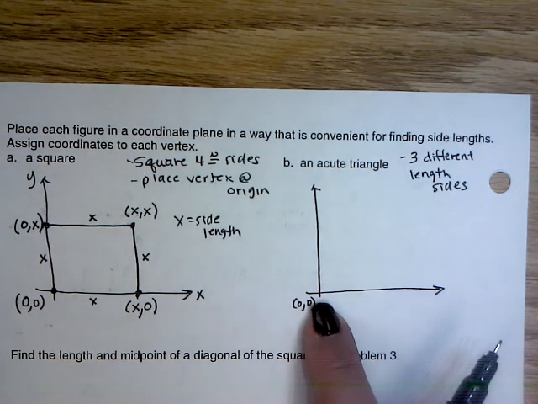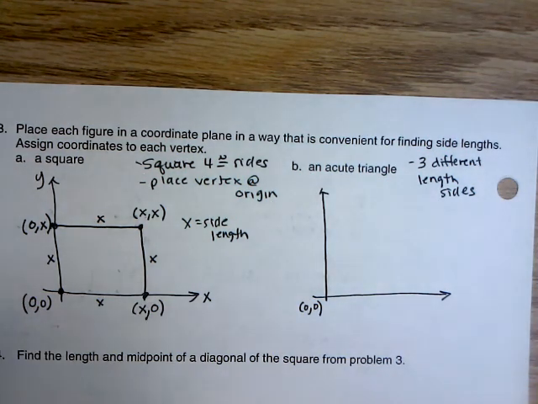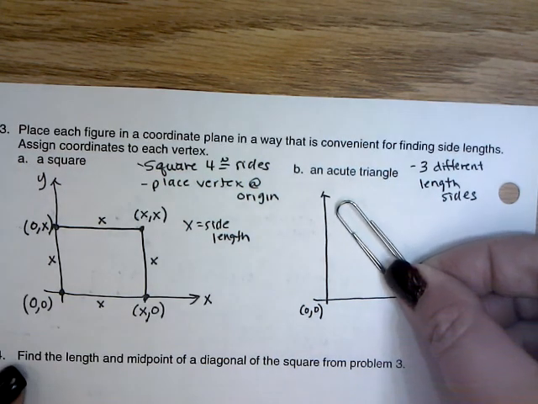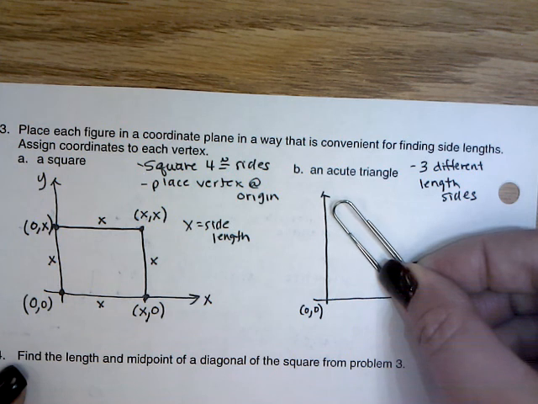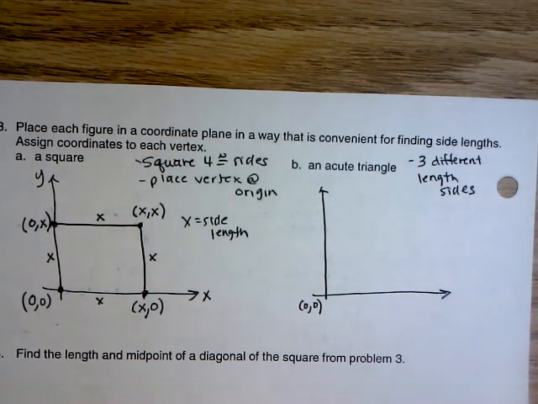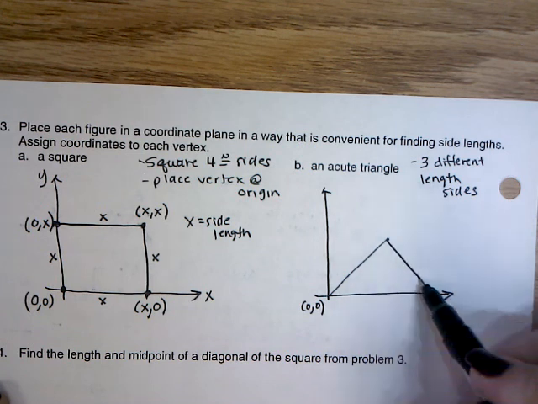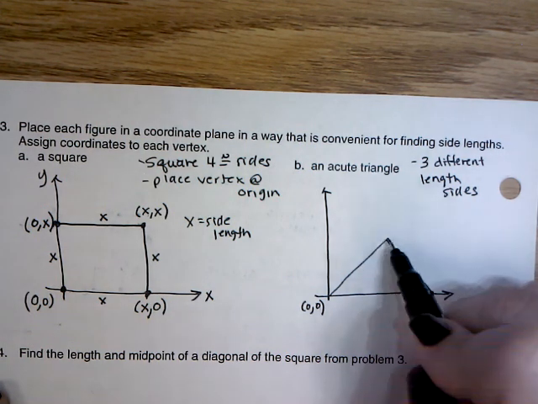Can I place it right here at the origin, making my triangle come across like this? No, because that would give me a right angle. And with an acute triangle, all angles are less than 90 degrees. So I can't place it in the best way possible. I'm going to have to draw it like this to make it all acute.